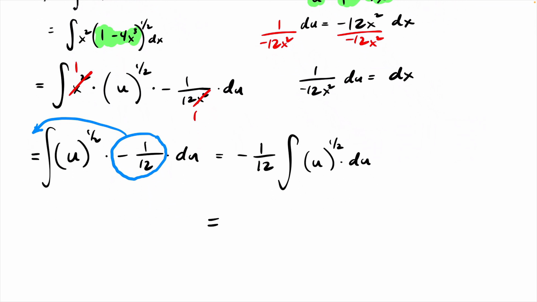Now I can do my antiderivative. U to the 1/2 power, we're going to use the power rule. So I get negative 1/12 times. If I add a power, it's going to be 3 over 2. And then I'm going to divide by 3 over 2, but instead of dividing by a fraction, we multiply by the reciprocal, which is 2/3.